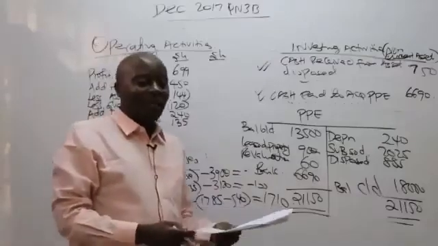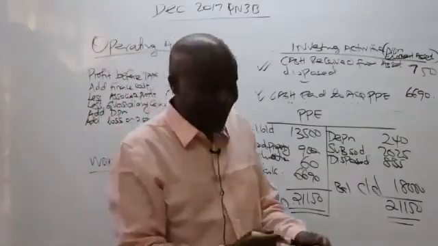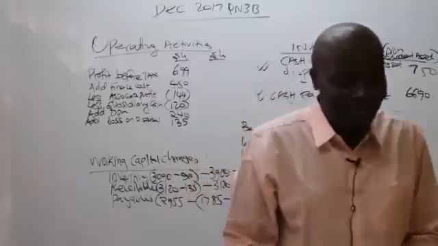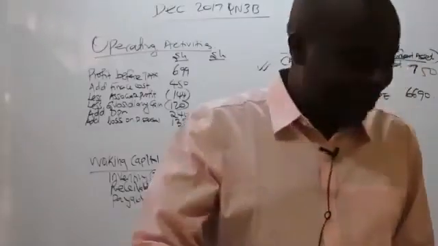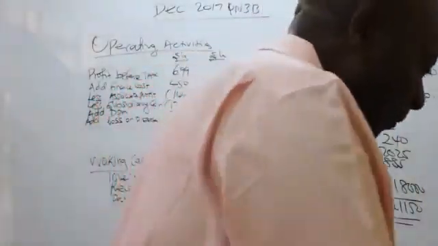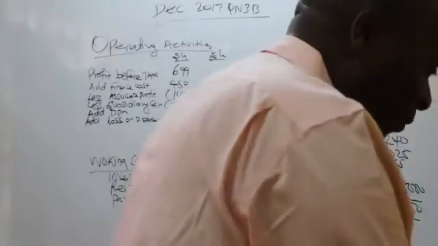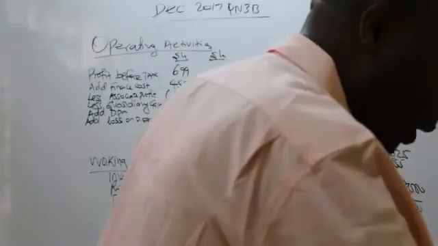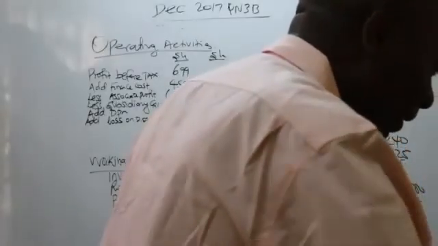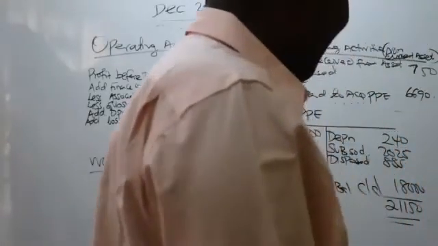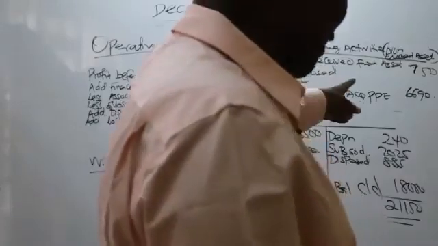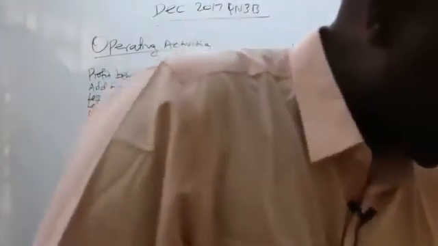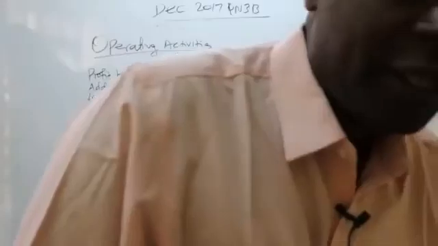Okay. Are you still with me or are you starting to get tired? Are they really with me, or are my students just mixing up words? Yeah, for PPE, you can go for a T account. It's negative because it is cash paid. Thank you very much. Allow me to change my battery.